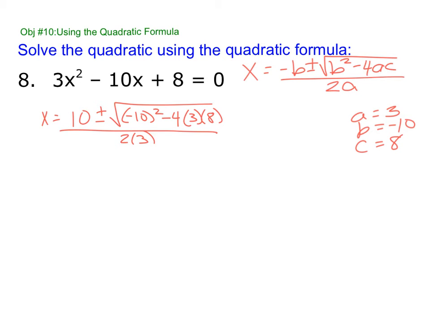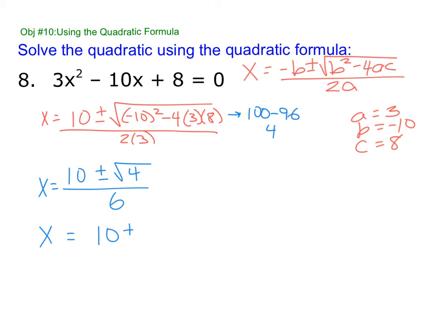So now I'm going to go over here. I usually do this in one step. If I have a calculator, I'll just do it in the calculator. 100 minus 4 times 3 times 8, which is 96, so that's 4. So it's 10 plus or minus the square root of 4 all over 6.